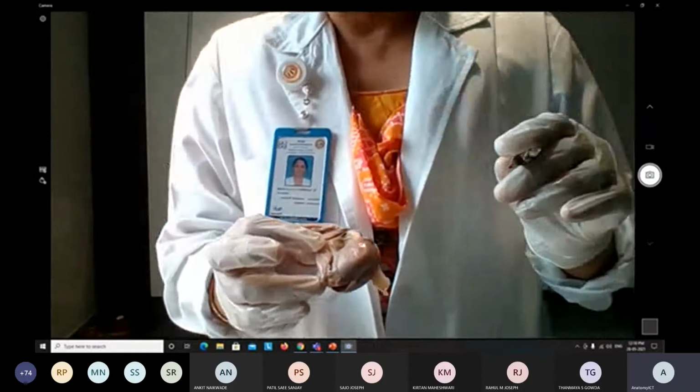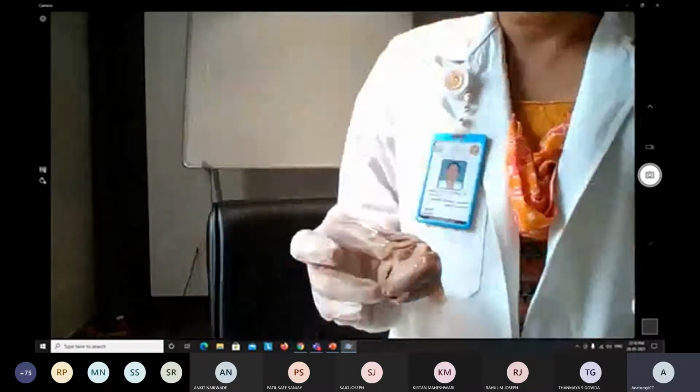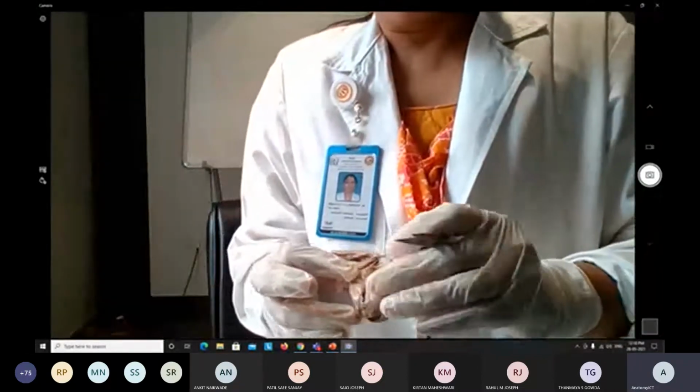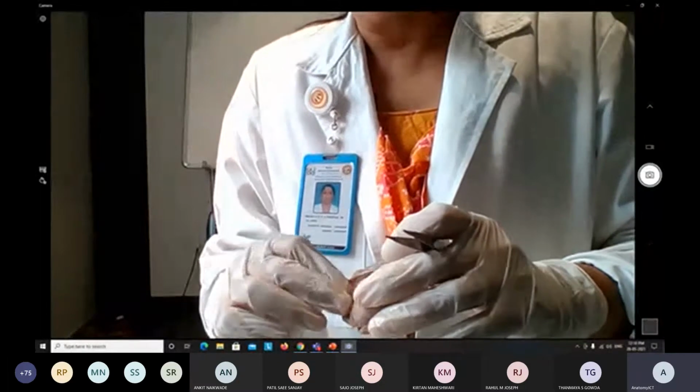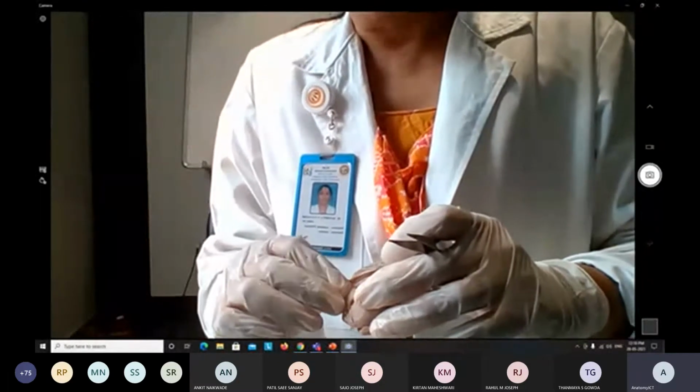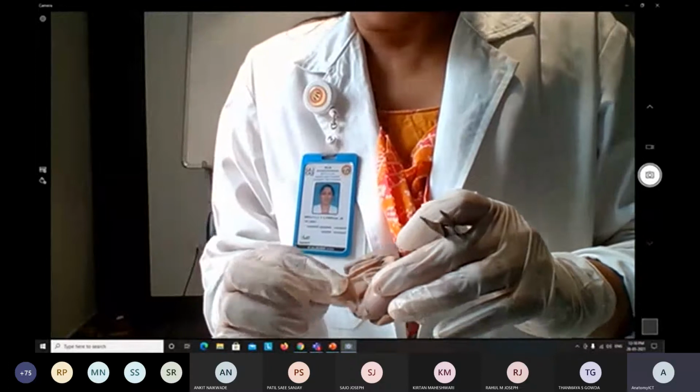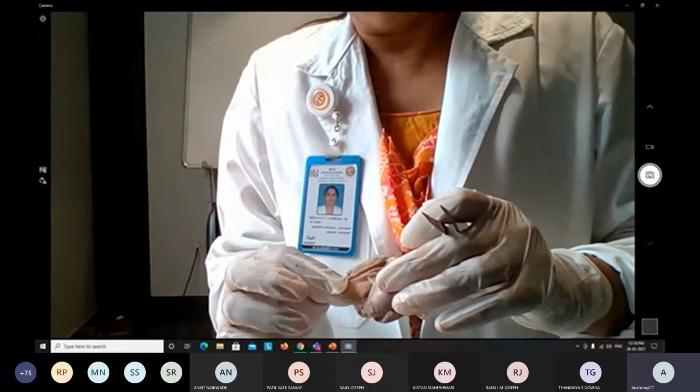But sometimes a congenital cause may be there, and you'll have a fluid collection between the two layers, which will lead to hydrocele.